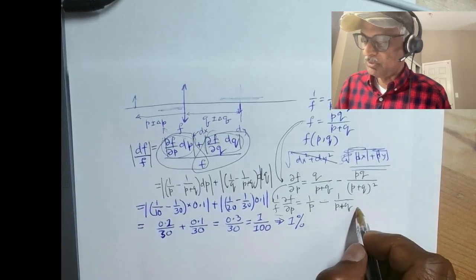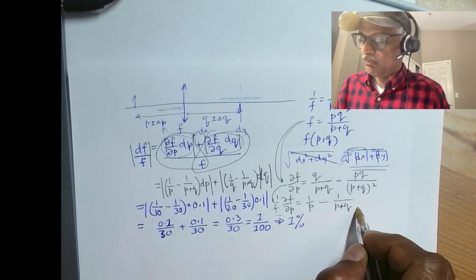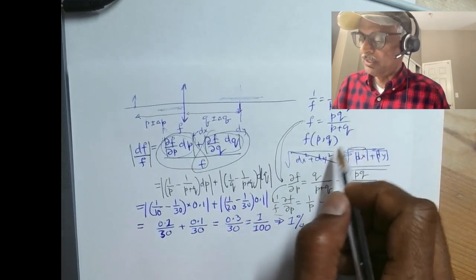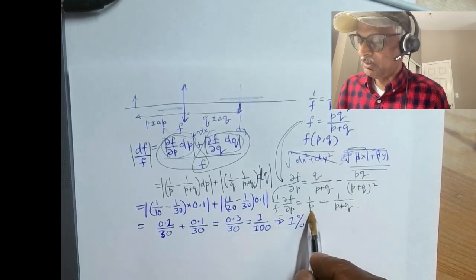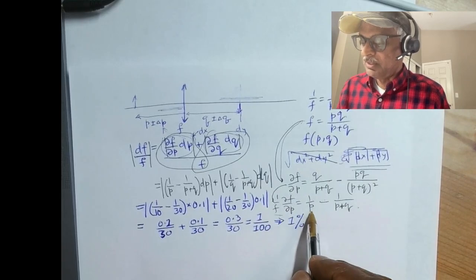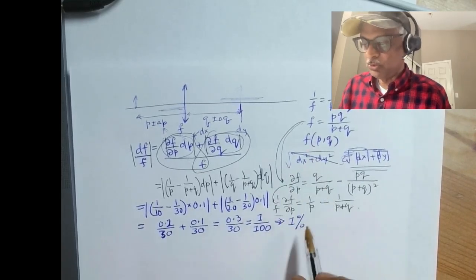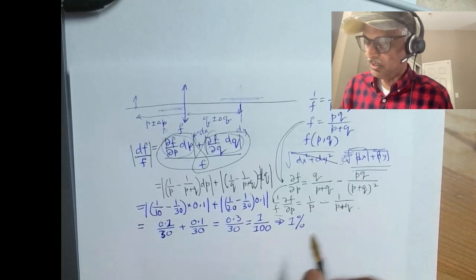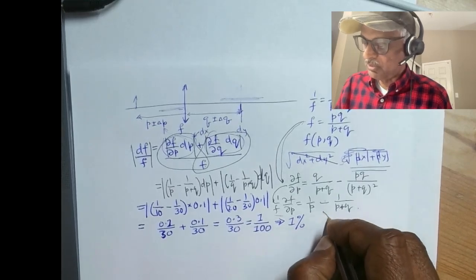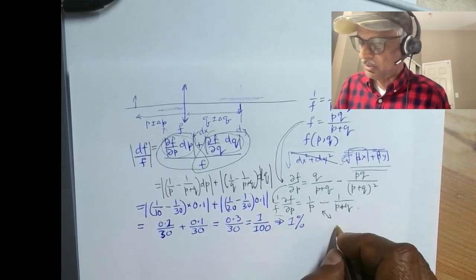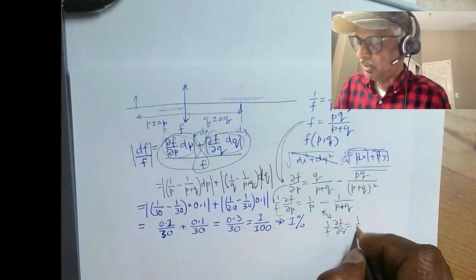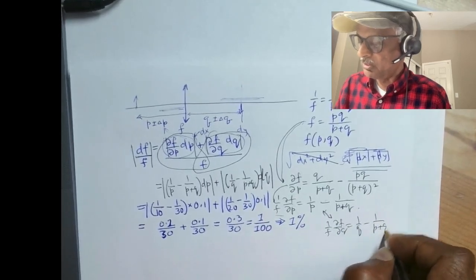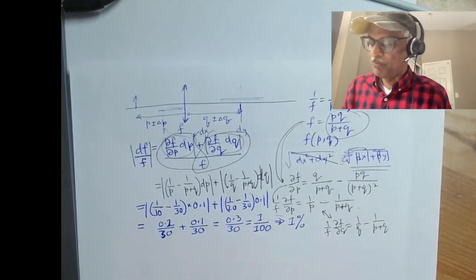It just becomes this, and I don't need to do the q, because by the symmetry it is just 1 over q. So you don't need 2 different derivatives, just one is enough. From here I can right away say 1 over f df over dq will be 1 over q times 1 over p plus q, just from the symmetry of this formula.